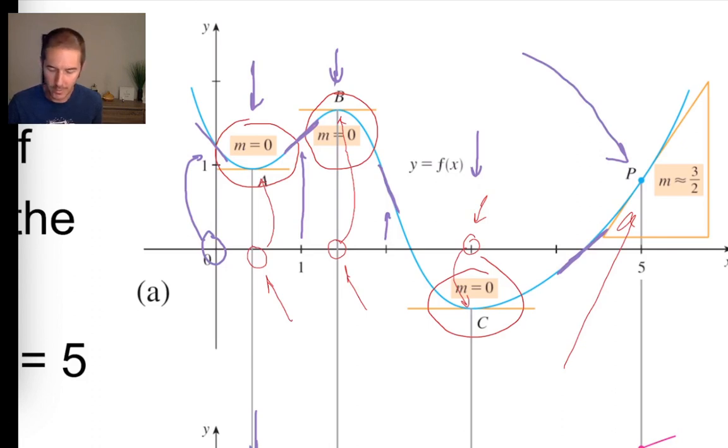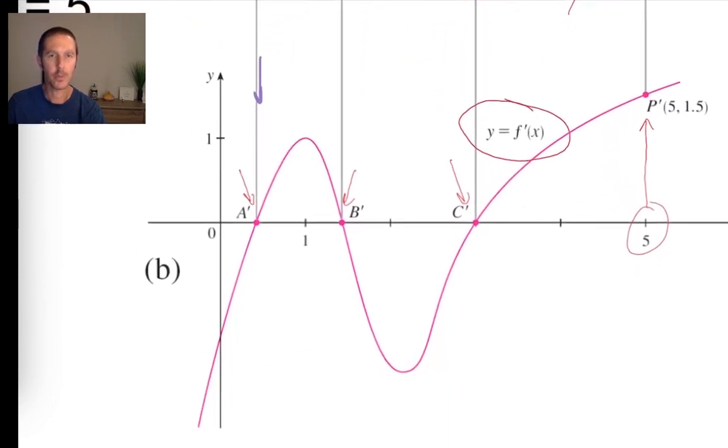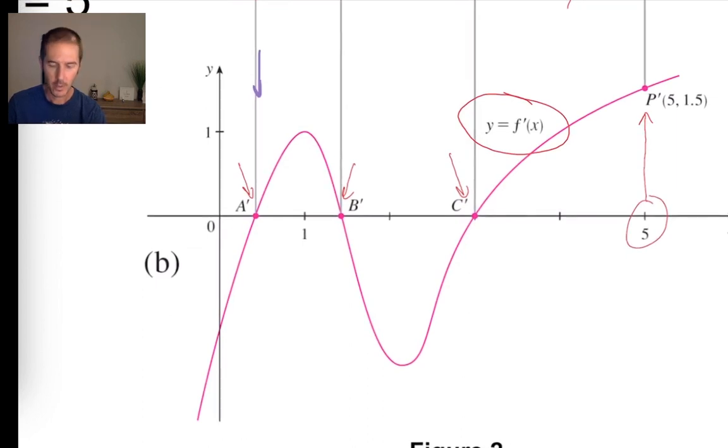Let's look at one example. What about this point right here, 0 for an x value? I said that the slope of the tangent line is approximately -1. Let's go down here to the graph of our derivative, f prime, and for an x value of 0, we have a slope of approximately -1.